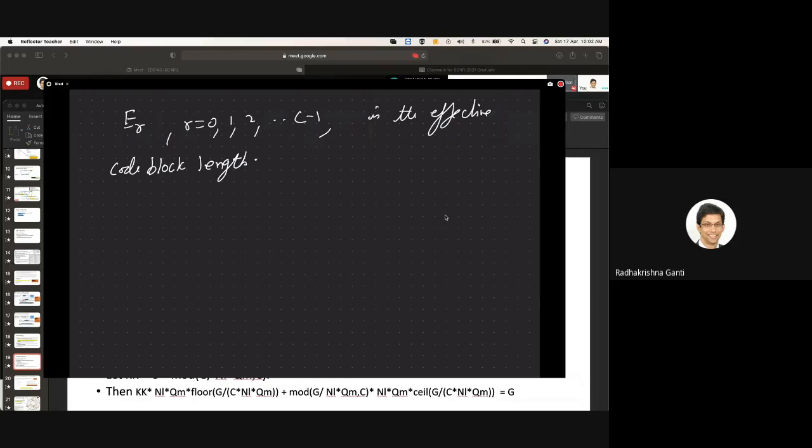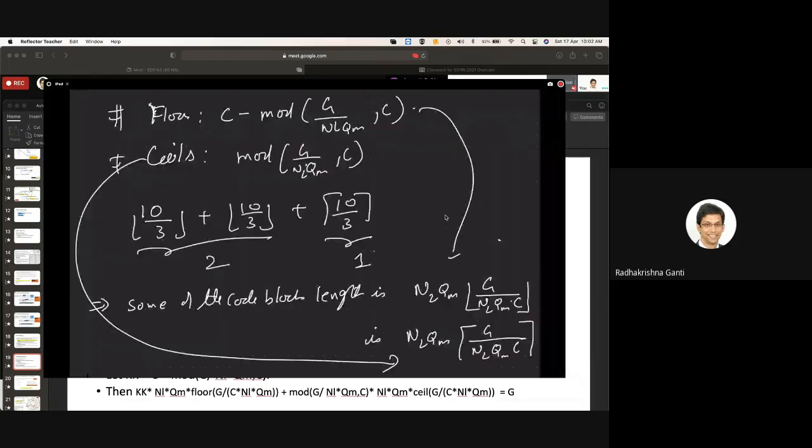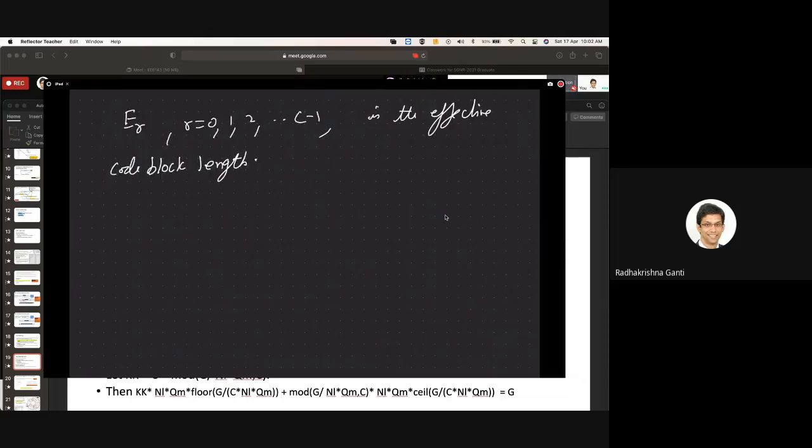Do you understand this? What is the effective code block length? This E_r will be the floor form for some and the ceiling form for others. There are C code blocks, so it's the effective code block length. This is what we have computed.